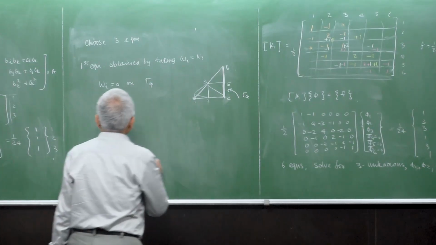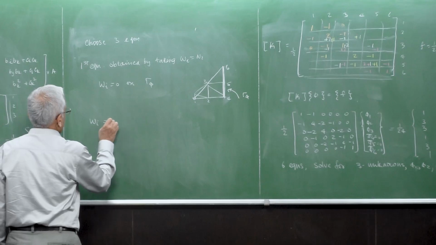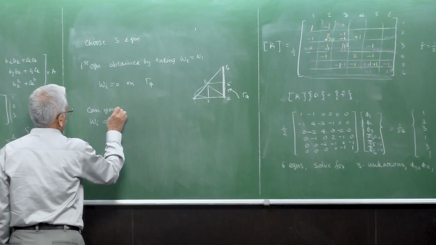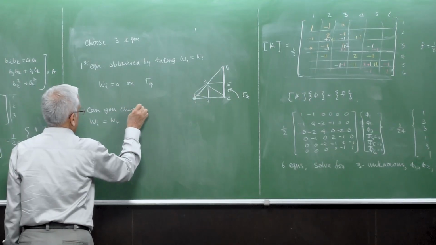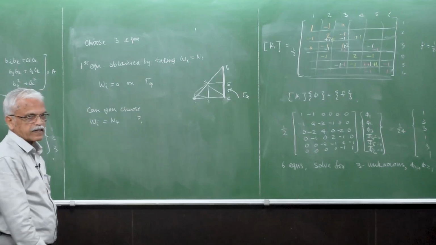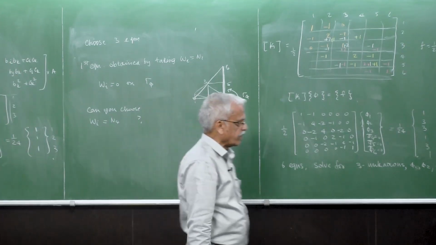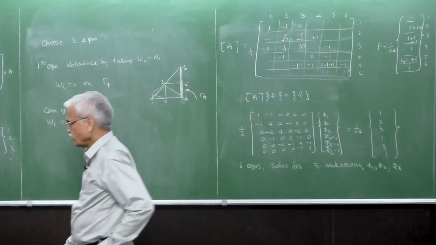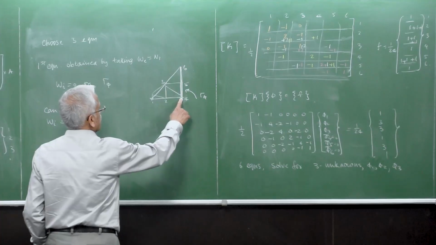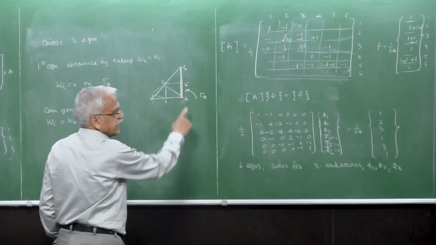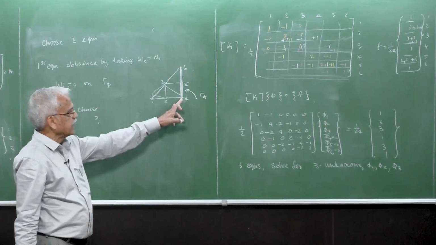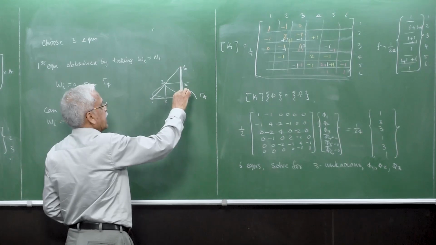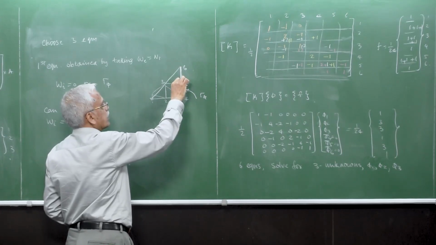In particular, can you choose Wi equal to N4 or N5 or N6? This is not acceptable to us, because if you choose Wi equal to N4, then N4 has a value of 1 here, and then goes to 0 here and goes to 0 on this side.